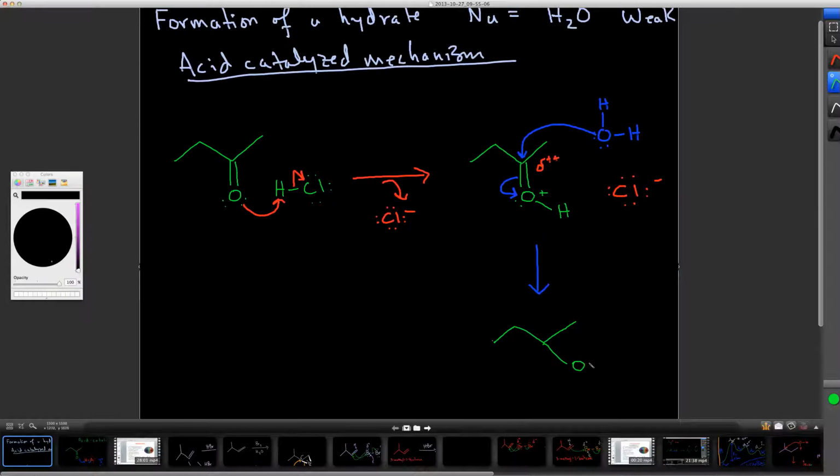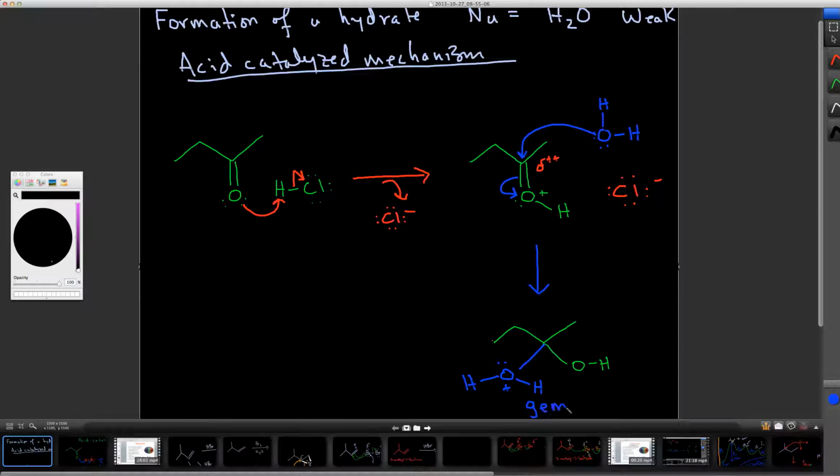I get an alcohol, and a protonated alcohol. This is called a diol, and more specifically, it's called a geminal diol. We've talked about this nomenclature before.